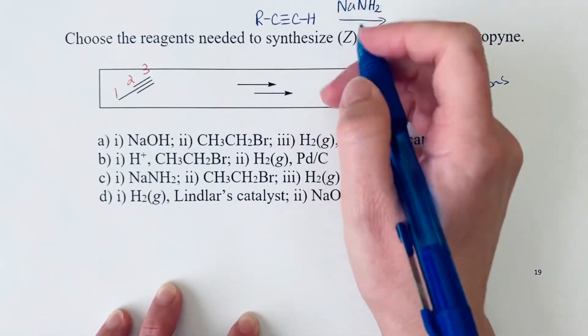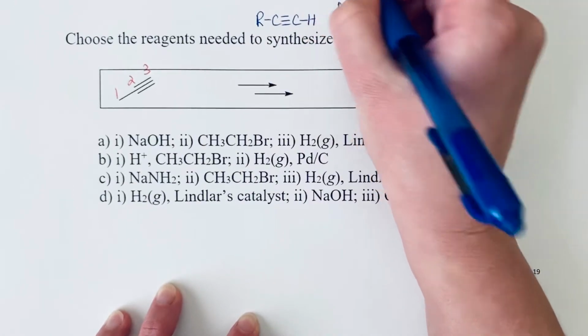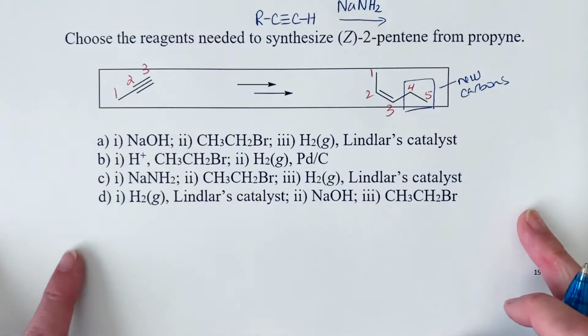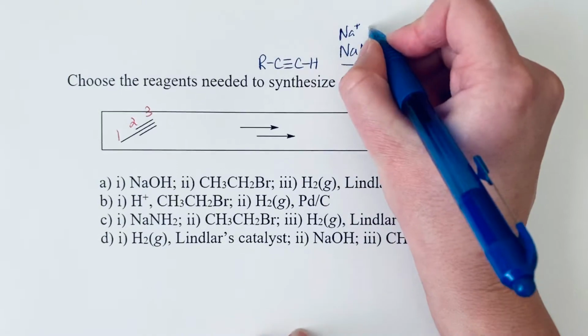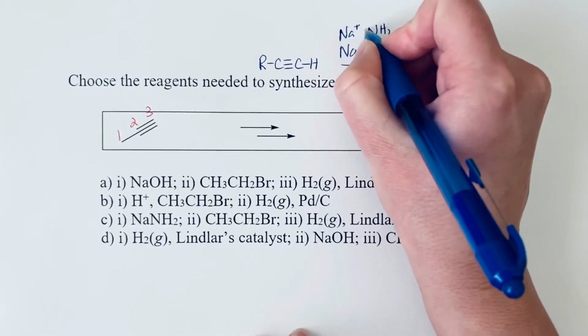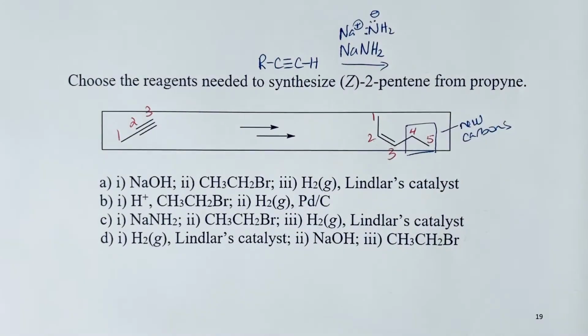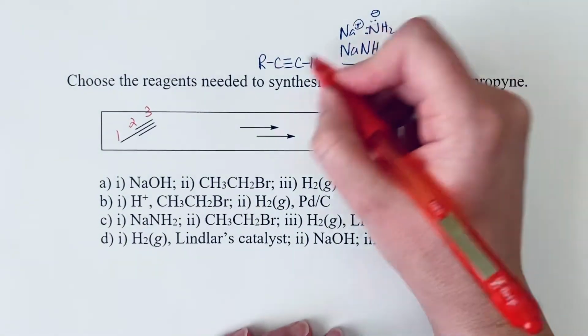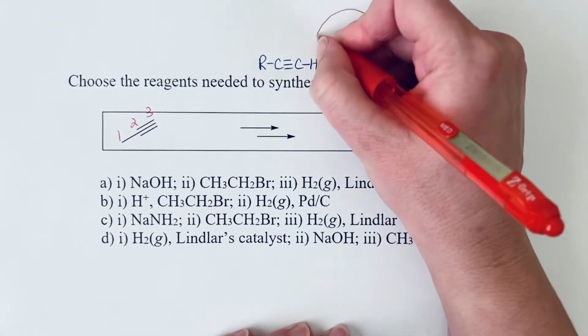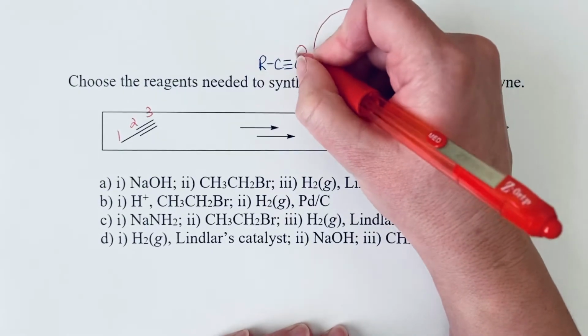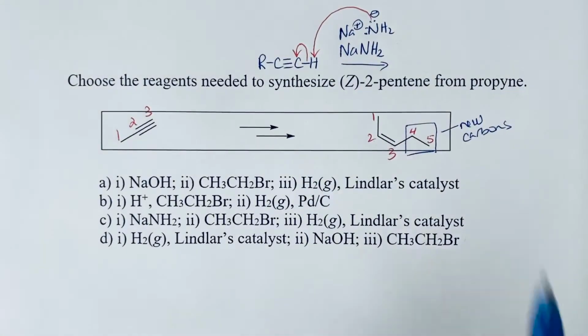Sodium is the counter ion, so this is Na+, and the NH2-, that's the conjugate base of ammonia, so that's the really strong base that can deprotonate this alkyne. So it's going to remove that alkyne proton, giving you a carbanion.